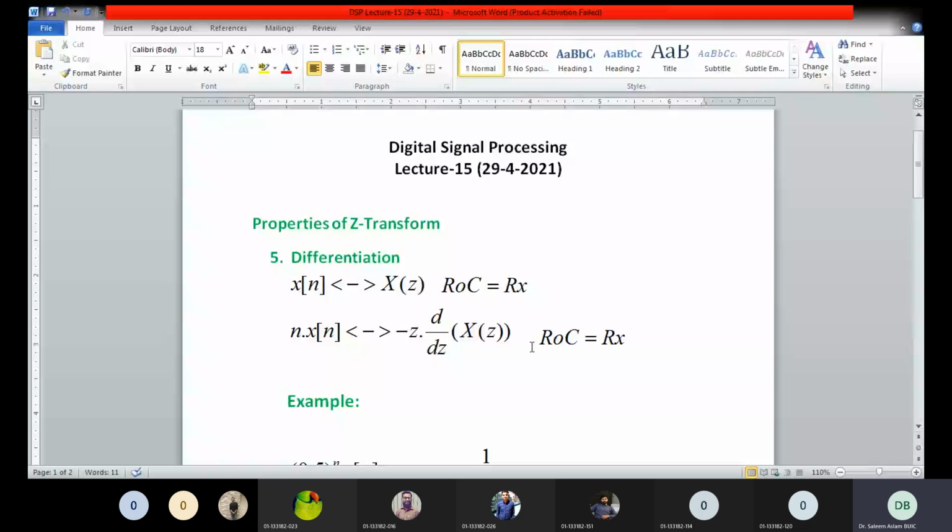But your ROC will remain the same, R of x. So this is the differentiation property.